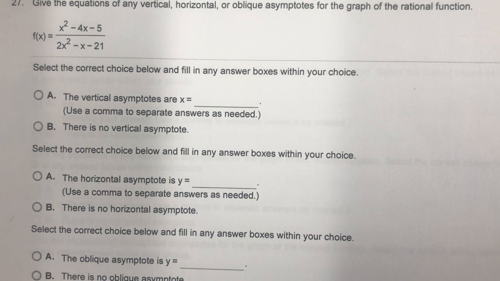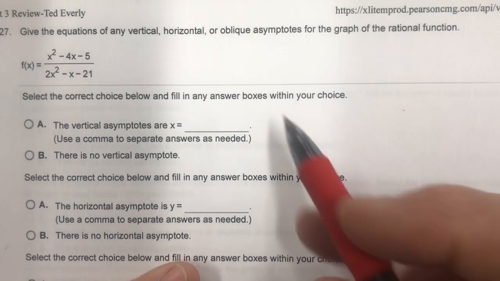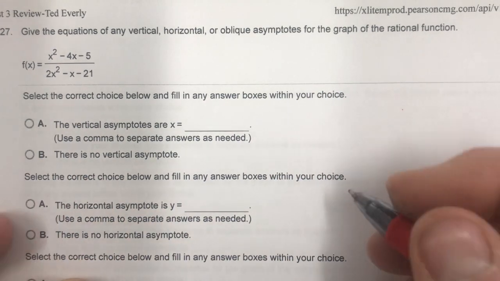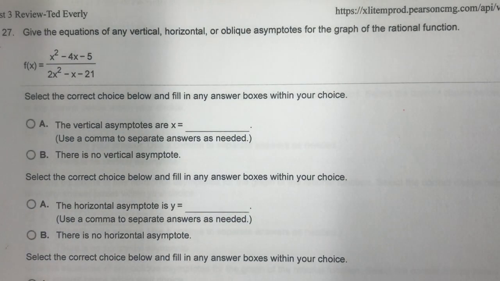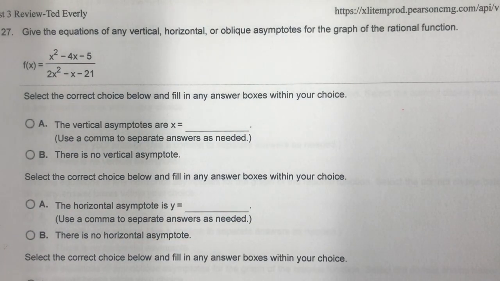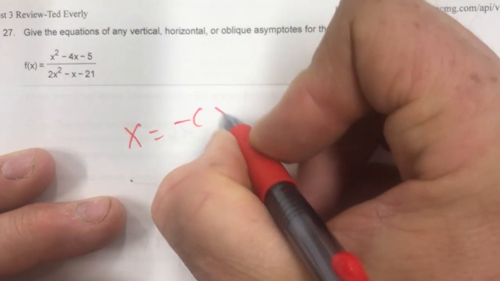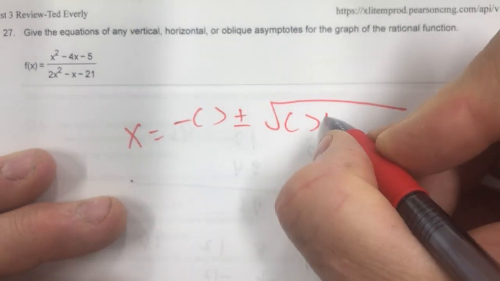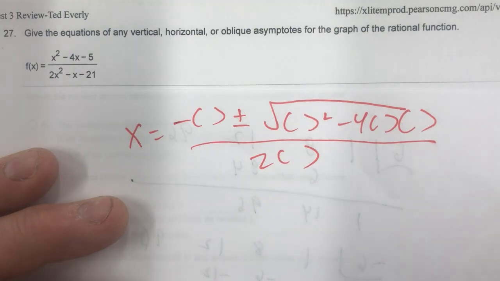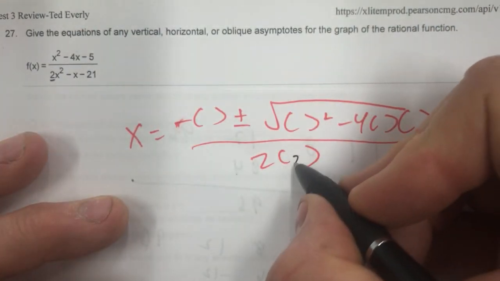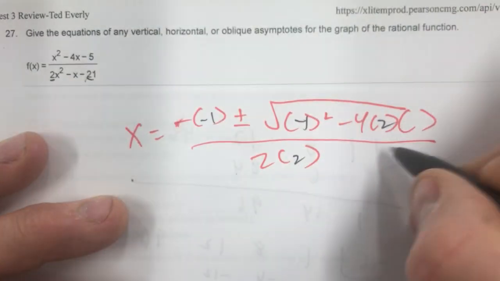27, you're chugging on through. Give the equation of the vertical, horizontal, or oblique asymptotes of this. All right, in the bottom down here, the vertical asymptotes are where the denominator is 0. So x equals negative b plus or minus the square root of b squared minus 4ac all over 2a. My a is 2, my b is -1, and my c is -21.